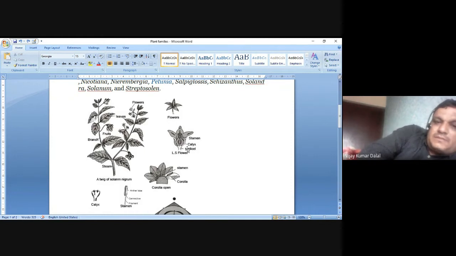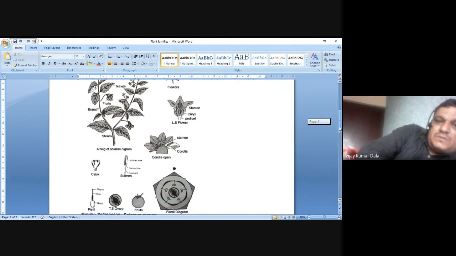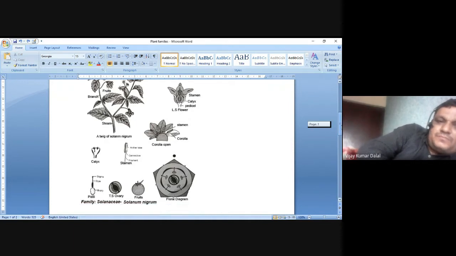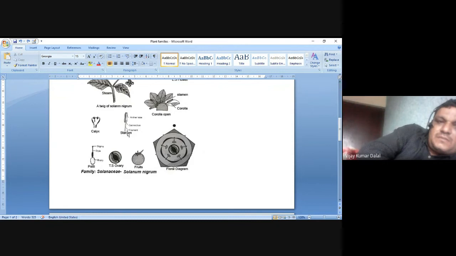This is a longitudinal section of the flower. So you see pedicel, then ovary. This is calyx or sepals. Then you see stamens, and in between a single pistil showing the stigma at the top. This is a single whorl of calyx, stamens, one pistil, ovary, style, stigma.